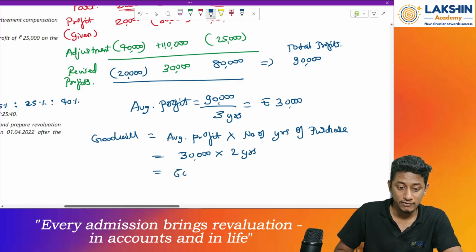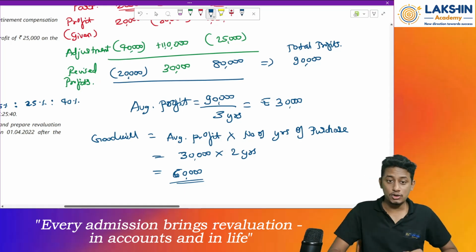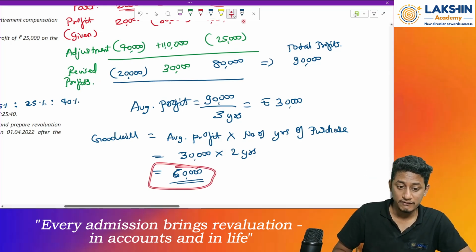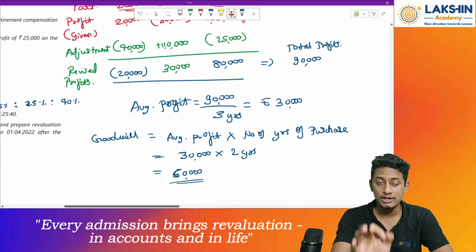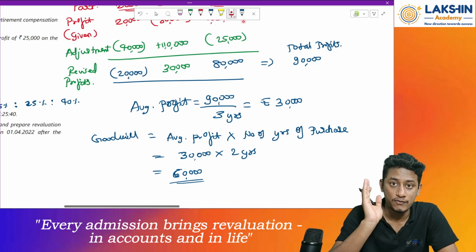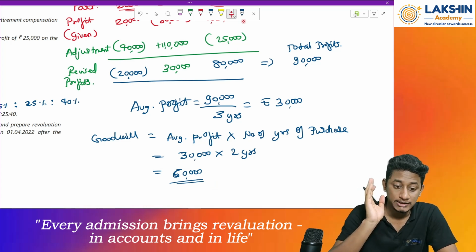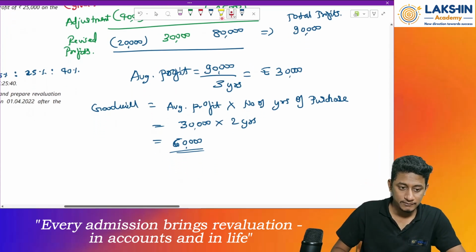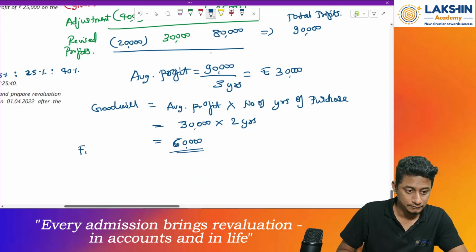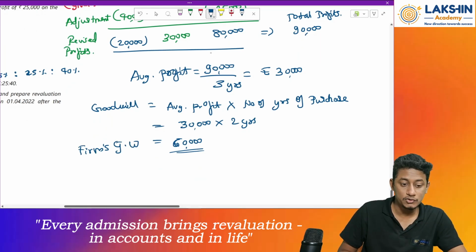So the goodwill value will be rupees 60,000. Now tell me, this goodwill whatever we have found out, is it the firm's goodwill or the new partner's share of goodwill? This is the firm's goodwill, not partner's goodwill.